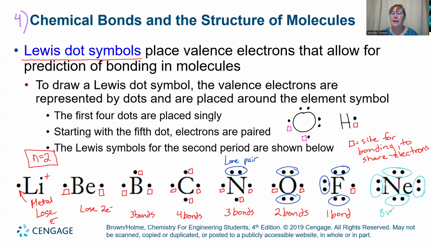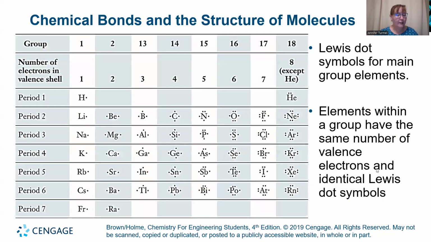It has 8 valence electrons, and so it is going to form no bonds. All right, so you just have a little bit of space here. This is showing the valence electron configuration for basically all of your S block and P block, okay?